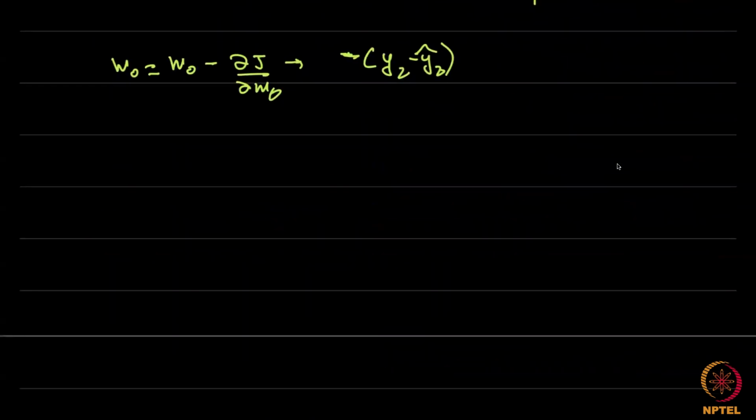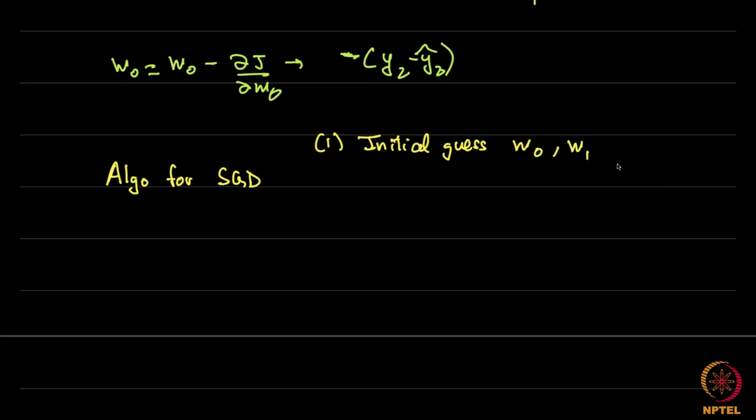So we can write the algorithm this way. The algorithm for stochastic gradient descent is, first, initialize or take a guess for W0 and W1, or however many other parameters we have. We will call this the 0th iteration.